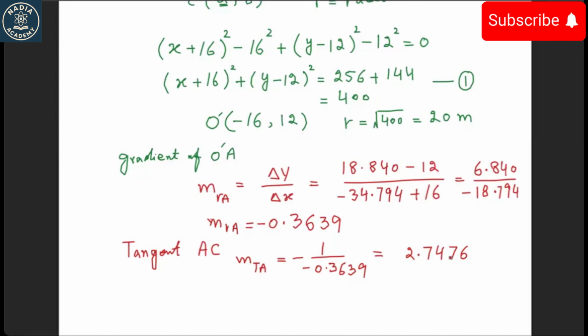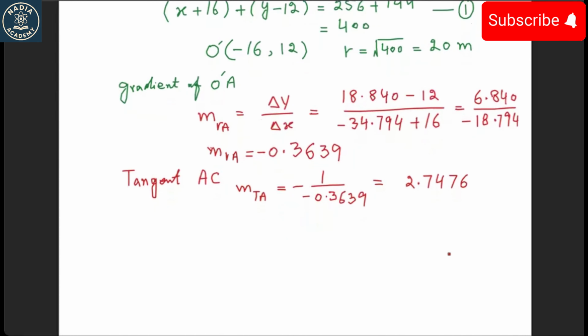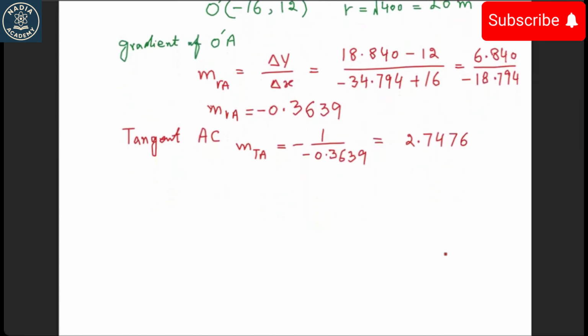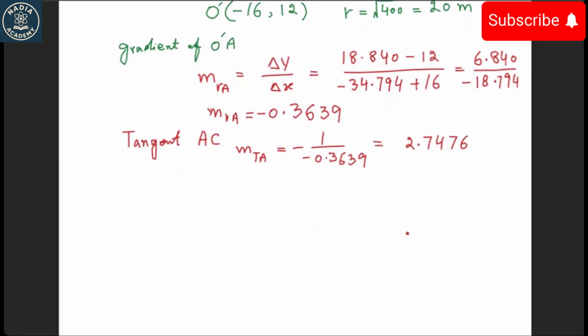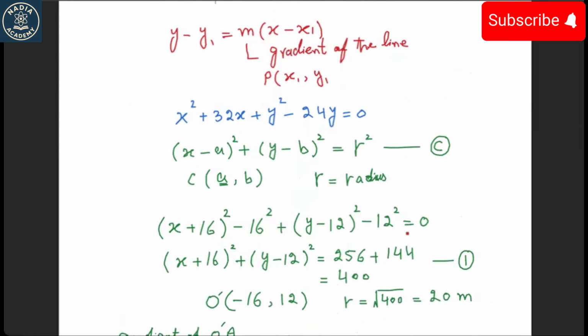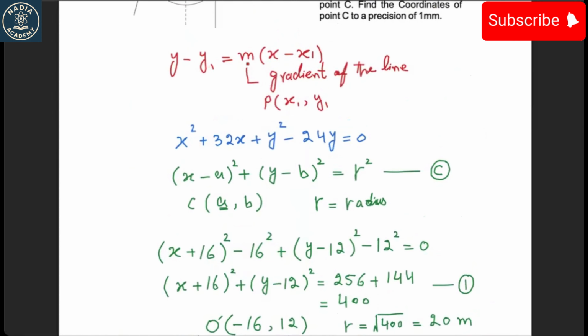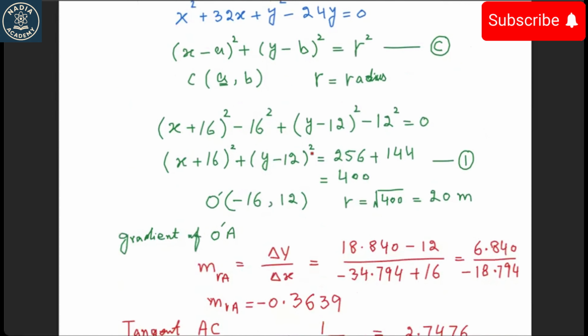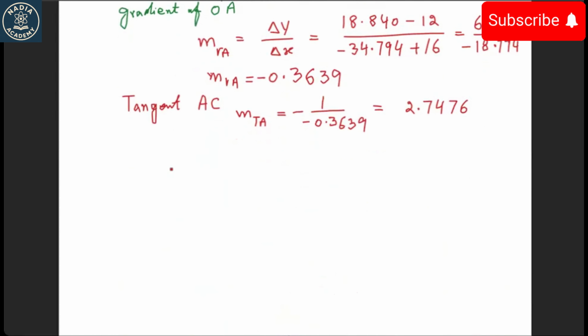So now we have the gradient, and we also have the coordinates of the point A. Using these two, we can use the general equation of the straight line, and we can find the equation of the tangent at point A. So the equation will be y minus y1. What y1 is?